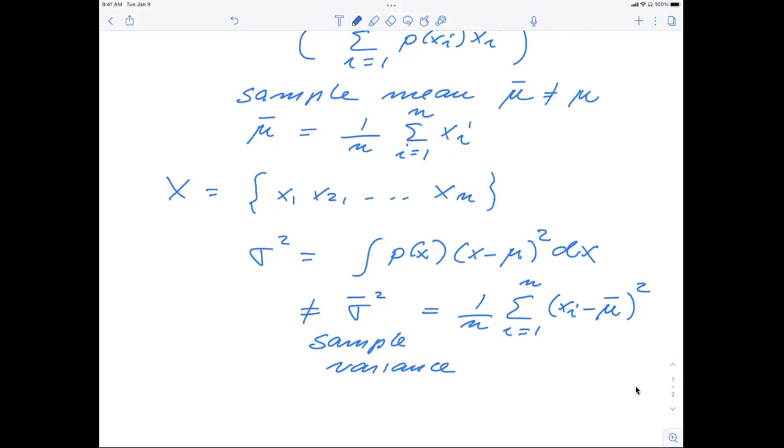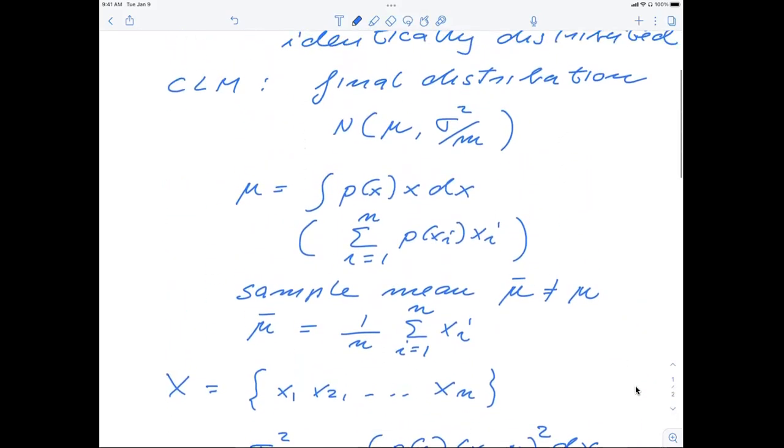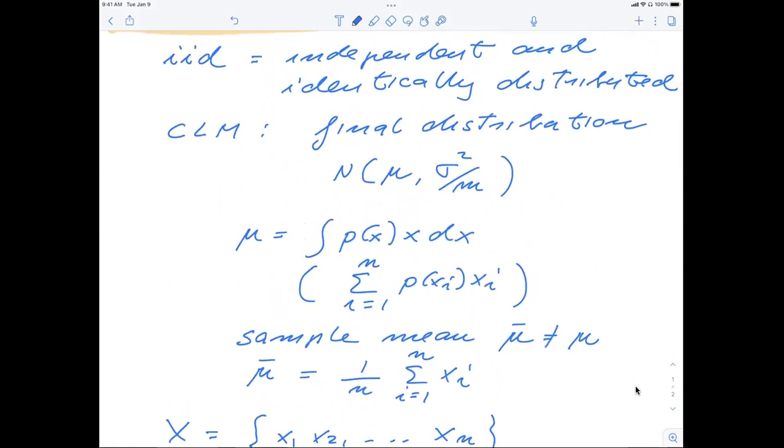Now, if I repeat these experiments a given number of times, then what the central limit theorem says is that the final distribution should be a normal distribution which has the same mean value as each individual experiment, but has a variance given by the variance of the single experiment divided by the total number of experiments which we are running.